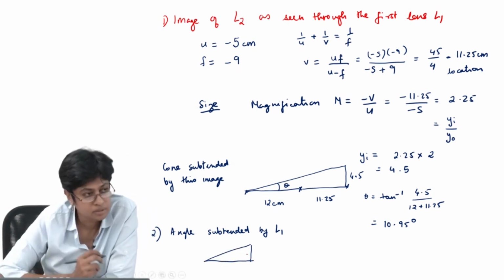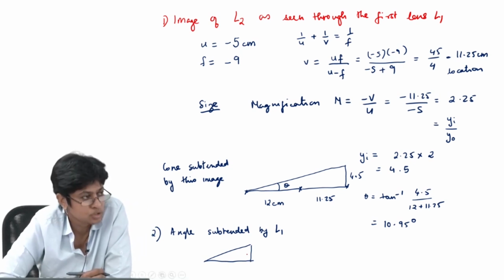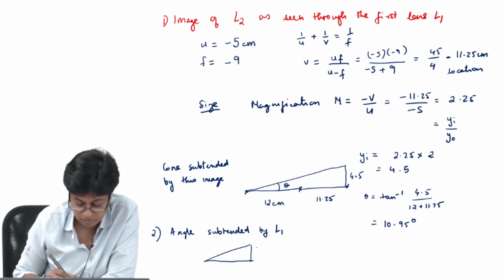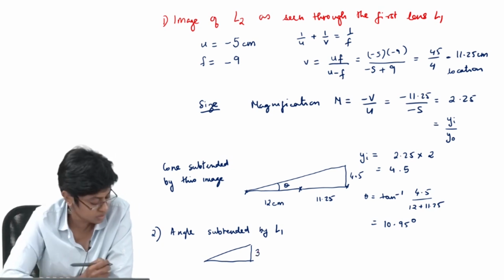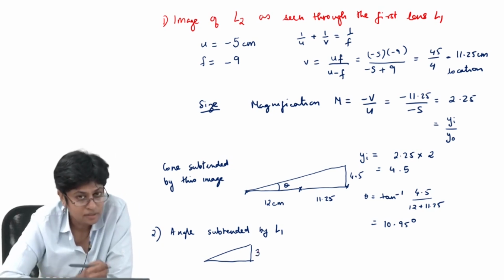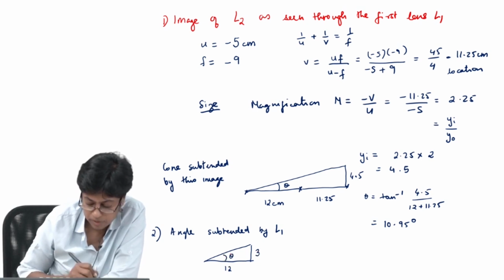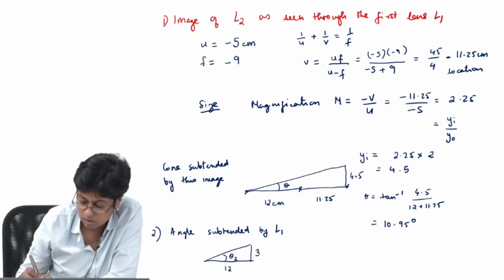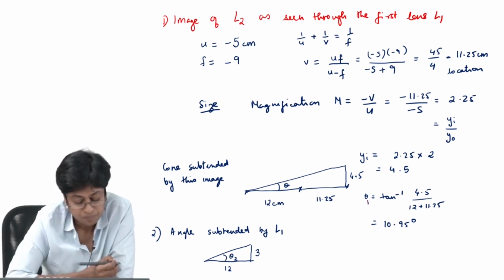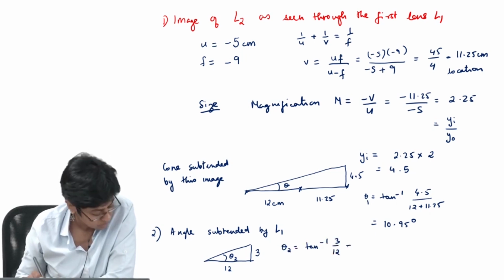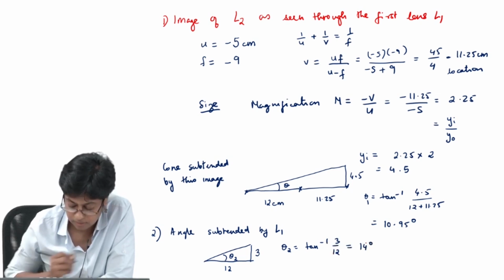This dimension is the size or the radius of the lens. What was that? It was 3, right? This was 3, and the object point is 12 centimeters away. So, let us call this theta 2, and this theta 1. Theta 2 is tan inverse of 3 by 12, which is equal to 14 degrees.